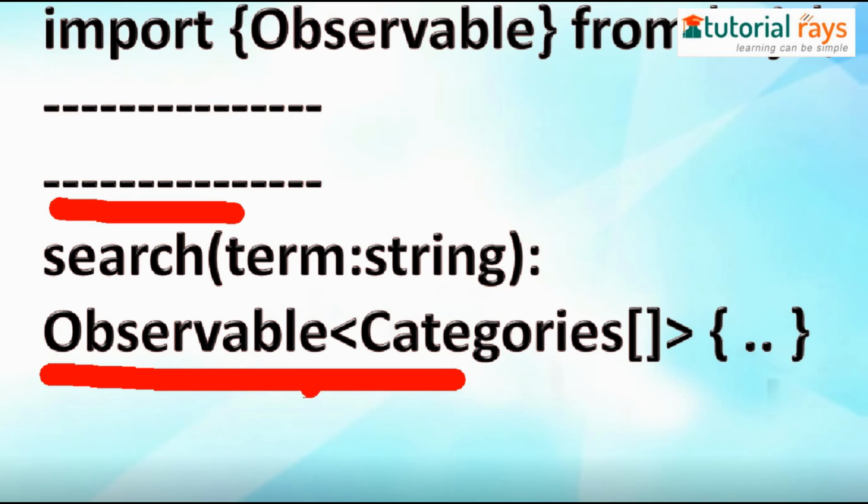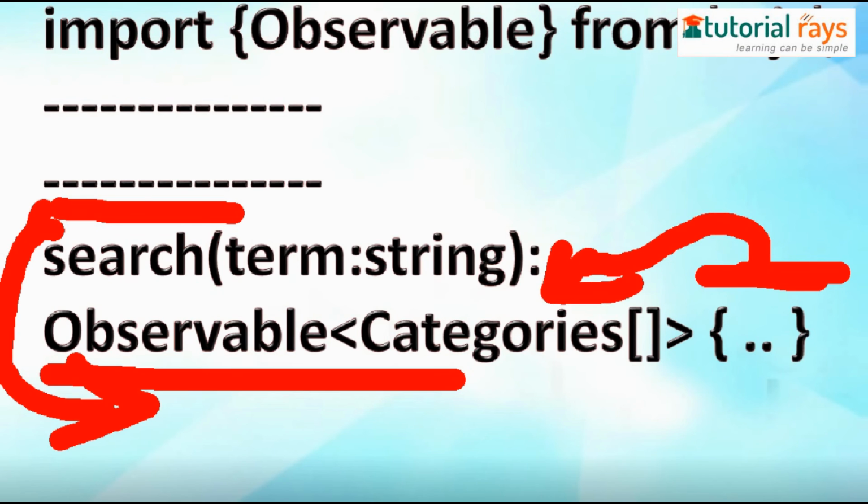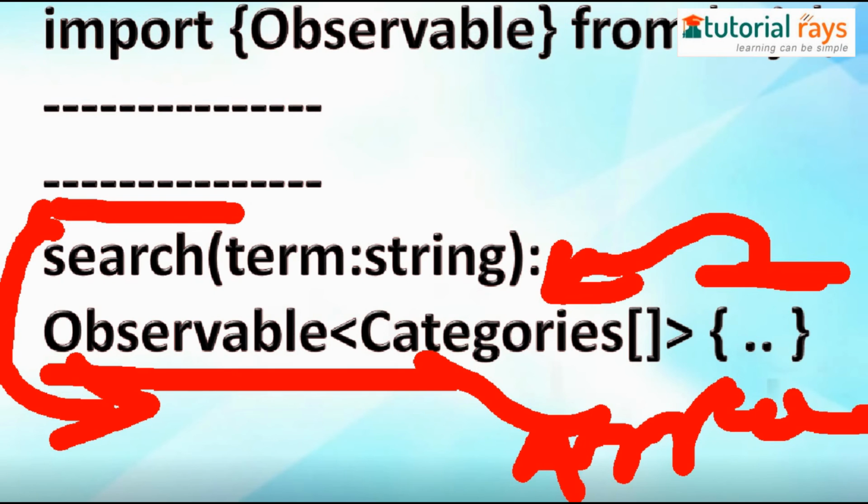As I have already discussed previously in this video, the task of the observable is to receive data from the HTTP request and then arrange it in proper format. In which format? In array format, and this array will be returned back to the TS file.